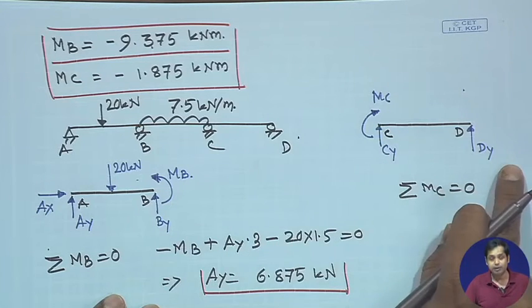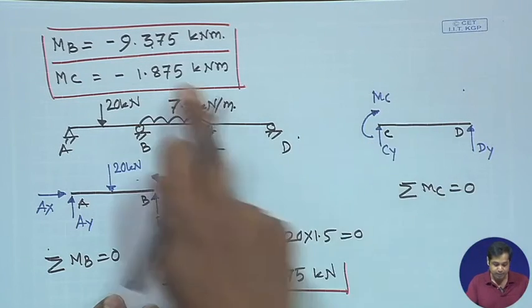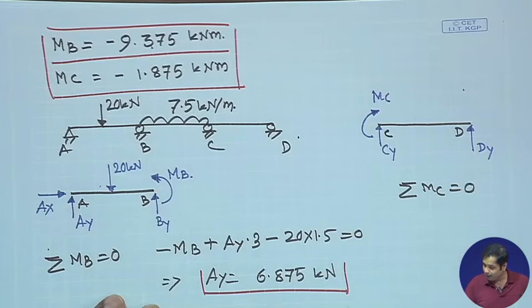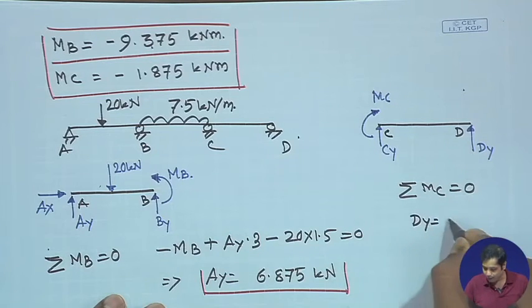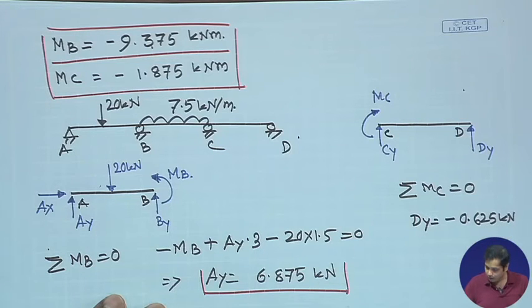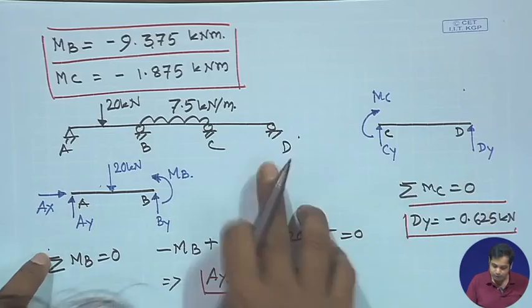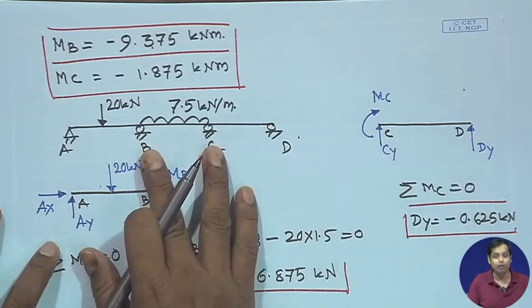Only forces will contribute, DY and MC, the value of MC is already known, and we can get the value of DY. DY will be minus 0.625 kilonewton.